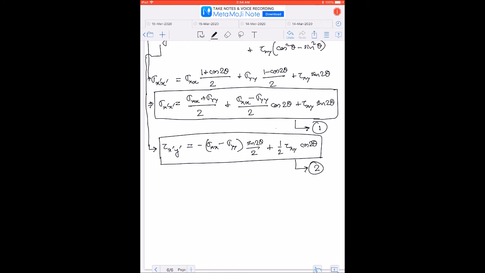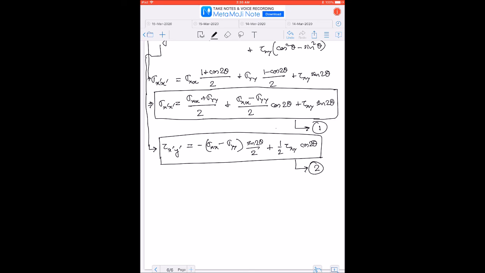Note that although we have obtained expressions for sigma x dash x dash and tau x dash y dash, we have not really worked out what should be the expression for sigma y dash y dash. But we really don't have to get into the details of it, because our y dash is just rotated from the x dash by 90 degrees, so we can simply obtain the expression for sigma y dash by replacing theta by theta plus 90 degrees.